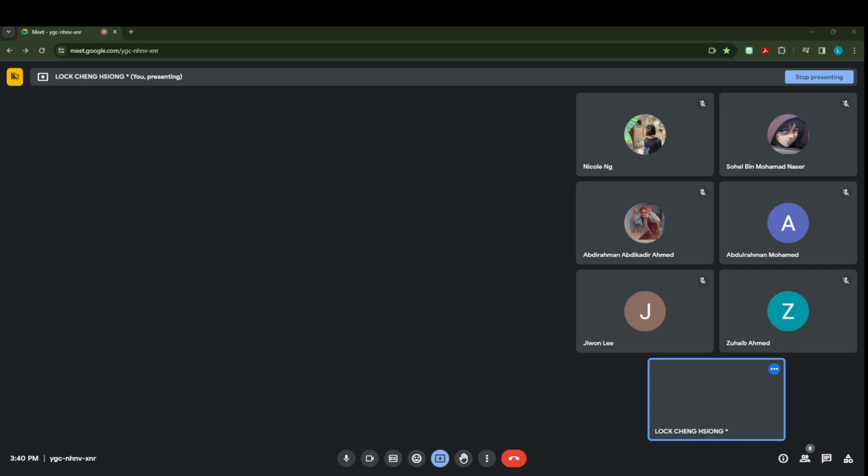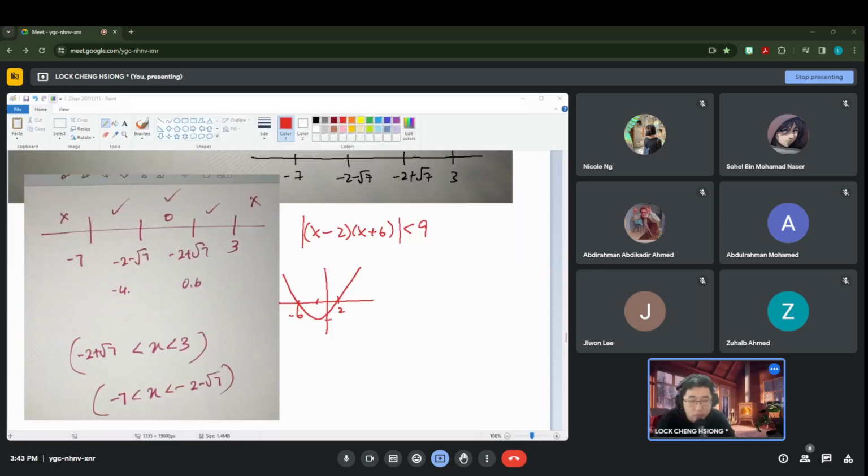The middle is not 3. The middle is negative 6 plus 2, divided by 2, which gives negative 2.